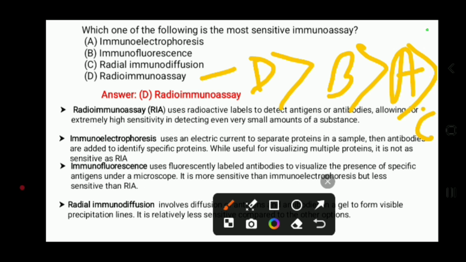So radioimmunoassay is the most sensitive of all the options.